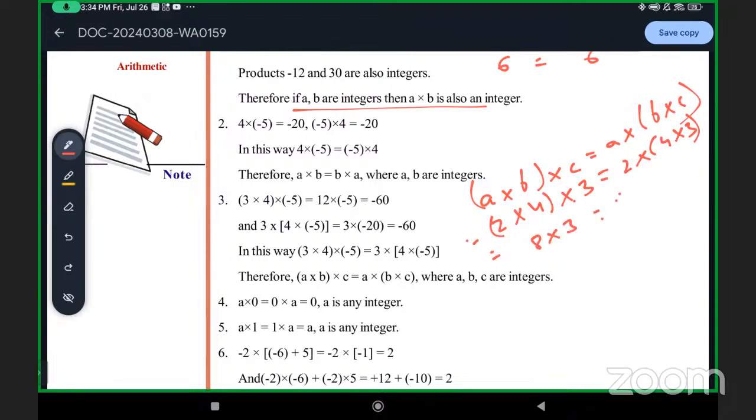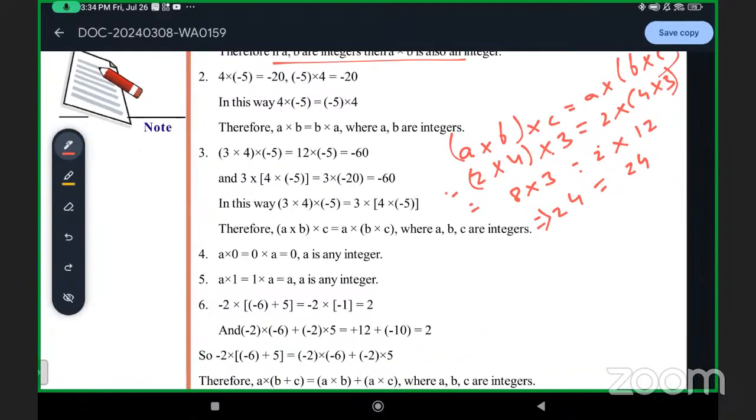And here, 4 into 3 is 12, then 2 into 12. 8 3s are 24 and 12 2s are 24. No matter how I group in multiplication, I'll get the same answer, where a, b, and c should all be integers, so the answer will also be an integer.